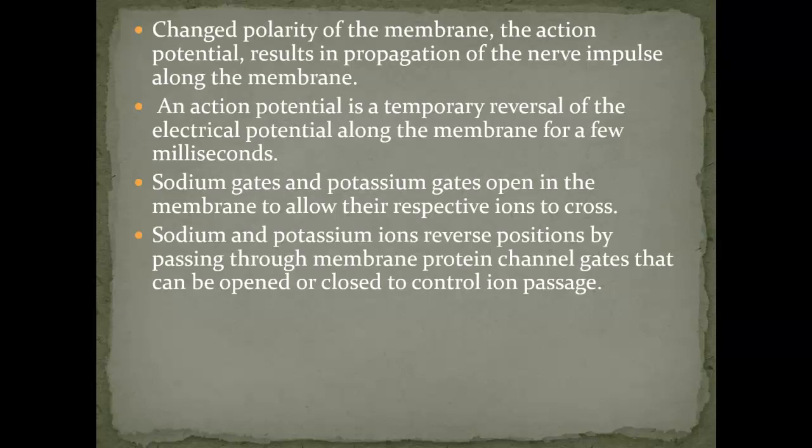And when the sodium comes in, that is the nerve impulse, and then when it gets reset, that's it. When the sodium gets pumped out and the potassium gets pumped back in, it cannot be re-stimulated at that point in time. But this is what's happening. It's just these two ions changing places.